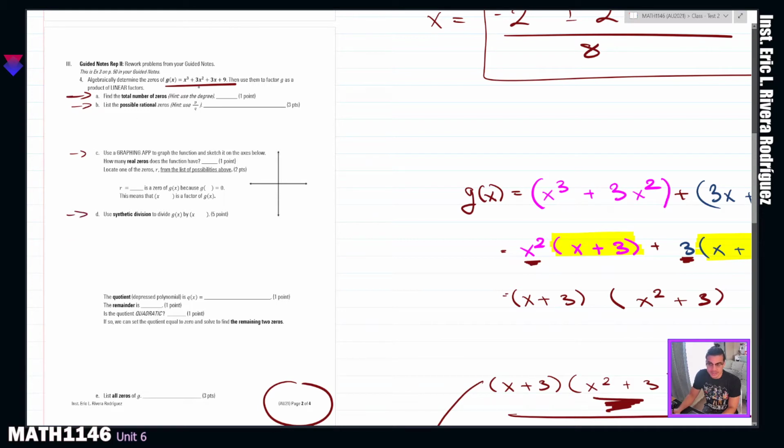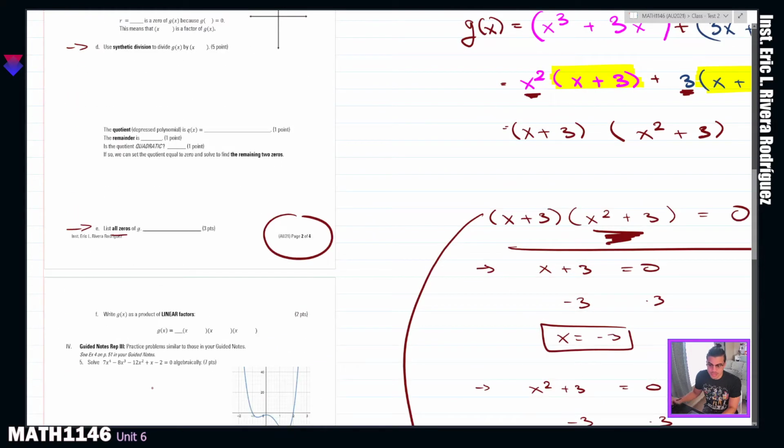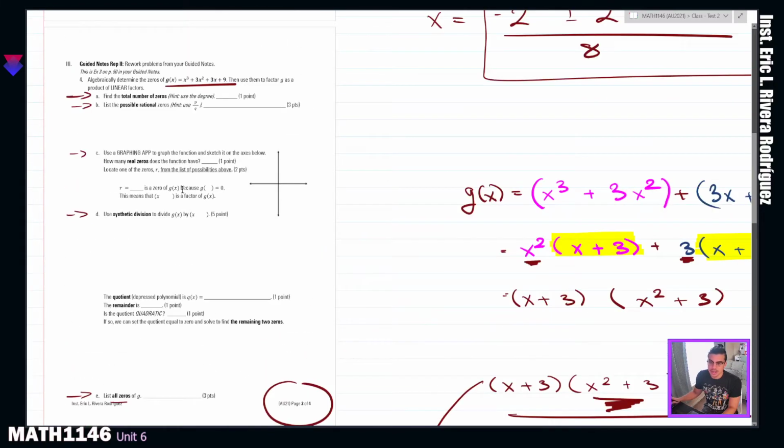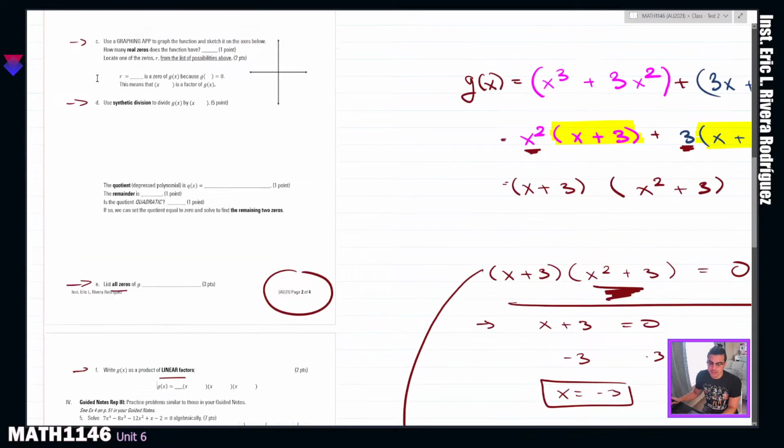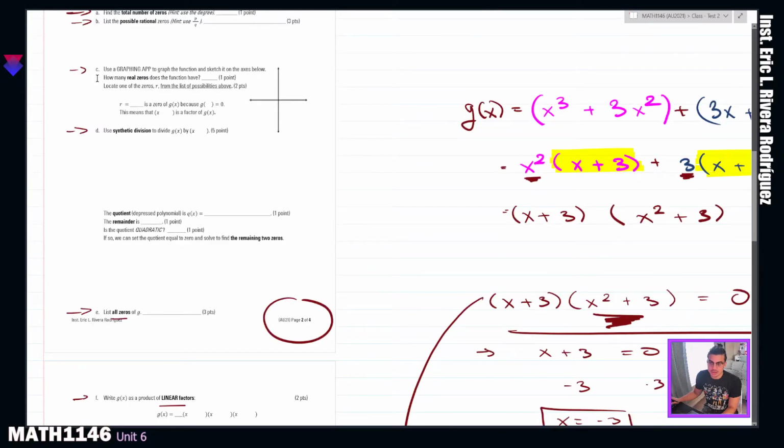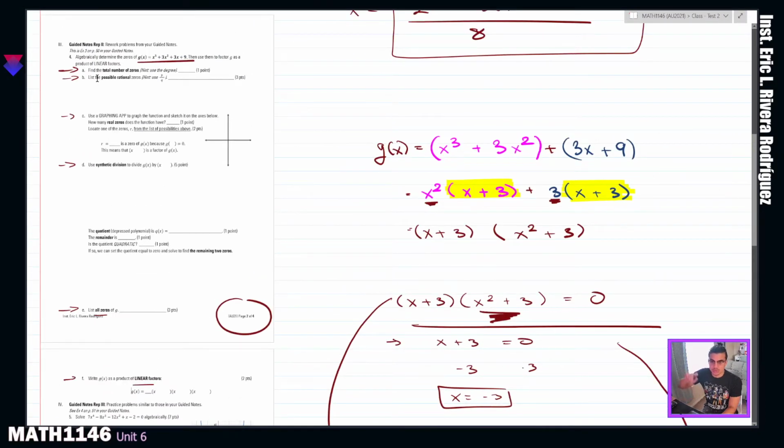When you have a polynomial and the goal is to list all the zeros of that polynomial and to write all the linear factors, you have exercise number 4, the exercise that you are always going to reference to do all the exercises on unit number 6, because here you have all the steps that you are going to follow. I'm going through all these steps, and we are going to compare all these steps with the group factorization method.